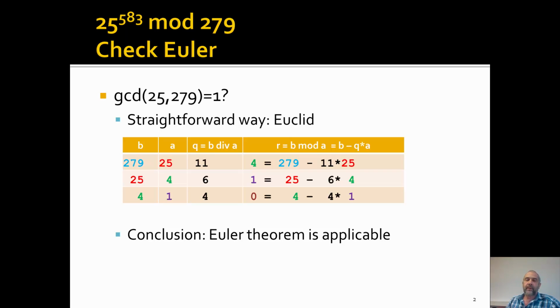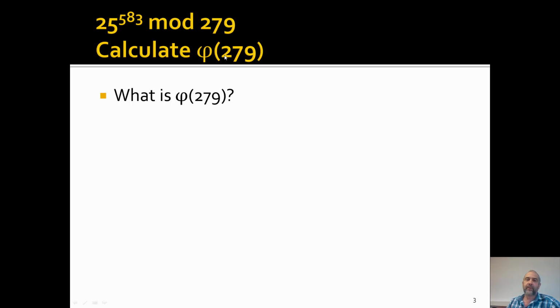First of all, when you want to apply Euler, you have to calculate the phi of 279 in this case. You have to calculate the phi function, the Euler function. For that, as you know, we have 3 properties of the Euler function. We can easily calculate the Euler function of a prime number, the Euler function of the product of two numbers if they have a greatest common divisor of 1, and we can calculate the phi of a power of a prime number.